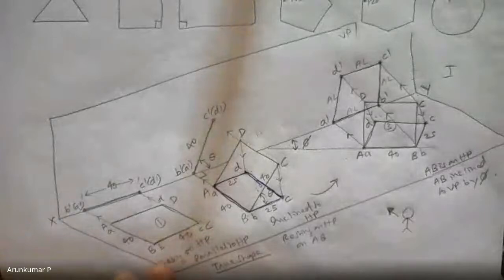Maybe we can take the same problem, that of a square, so that we can correlate. The solution will be same. Only thing is we'll draw it in 2D. Any doubts, please ask me.